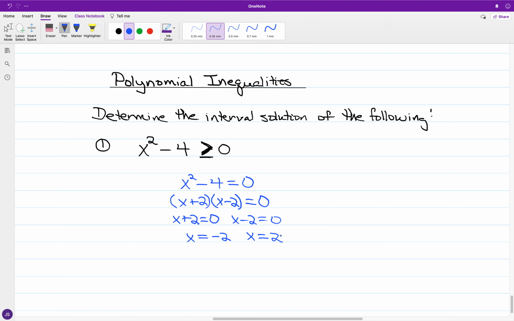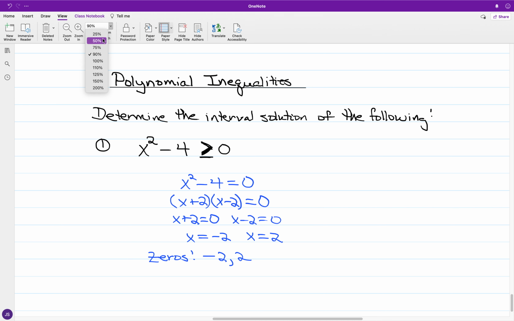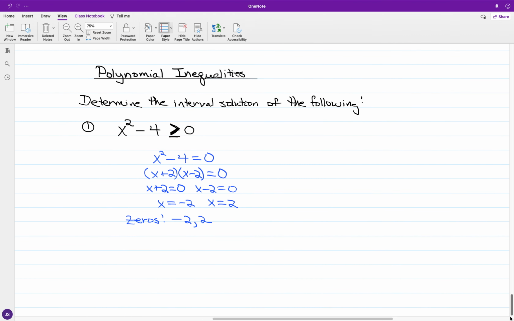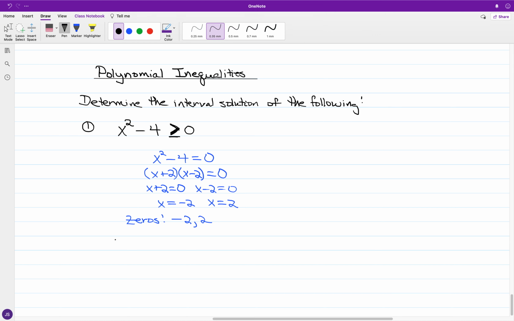So for your zeros, we have negative and positive 2. Now, in terms of getting things set up, we have our zeros at negative and positive 2, so I'm going to set up a table with intervals, working around negative and positive 2.